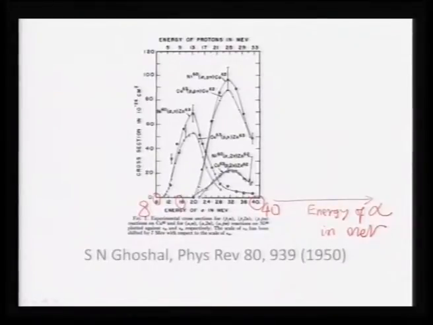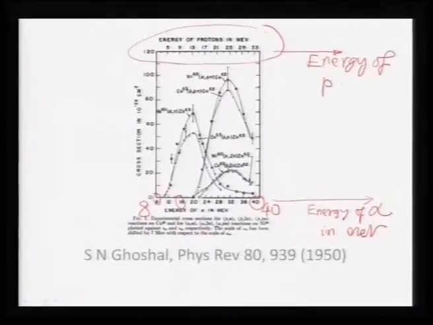On top of the figure you can also see an energy scale written. This is also energy, but this is the energy of proton in MeV. Okay. And here if you look carefully, this point is 5, and therefore, this point is 1. Okay, this is 1 MeV.